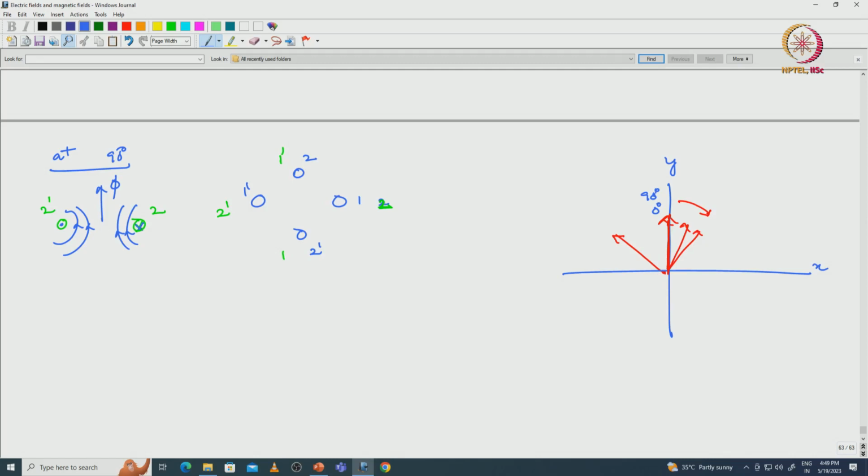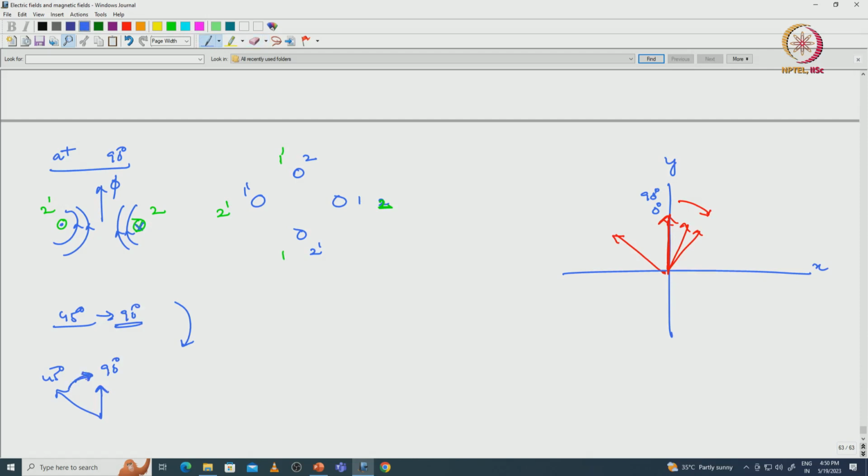From 45 degrees to 90 degrees what is happening: the rotor is rotating in a clockwise direction, which means the flux vector also rotates in a clockwise direction, right. So at 45 degrees the flux vector is at this particular location. With respect to the clockwise direction the flux vector is rotating in this manner and reached the y-axis position at 90 degrees.